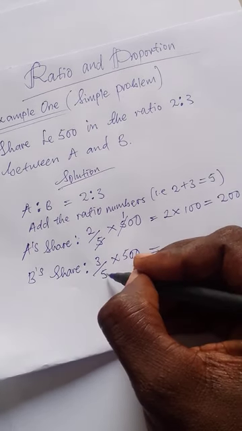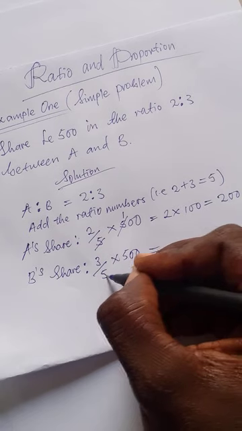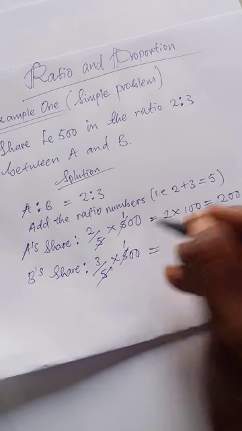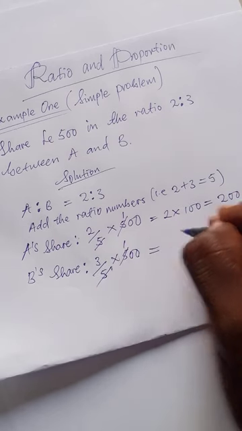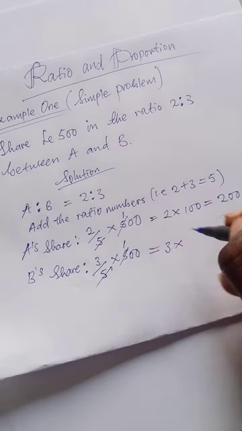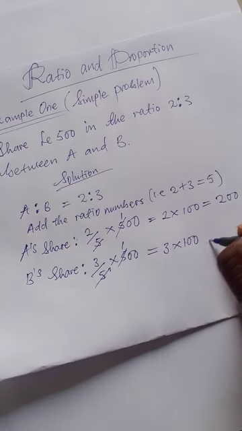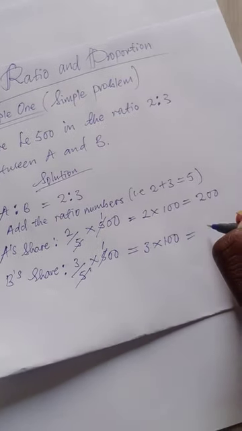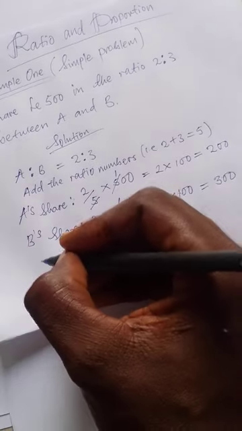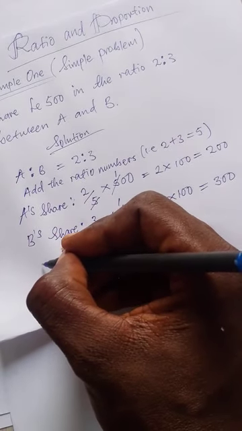So remember, when we divided 500 by 5, we had 100, okay? So we have now 3 multiplied by 100. This is giving us 300.